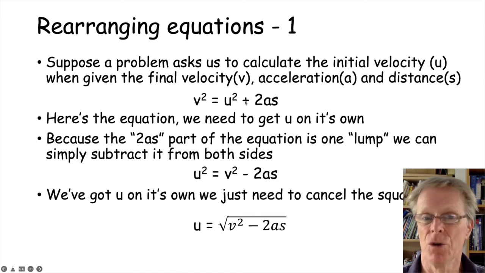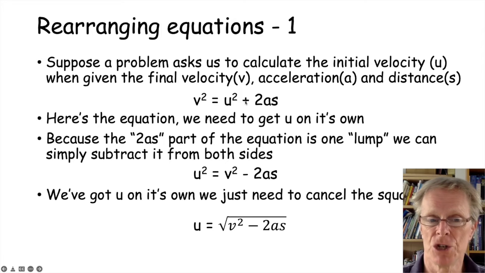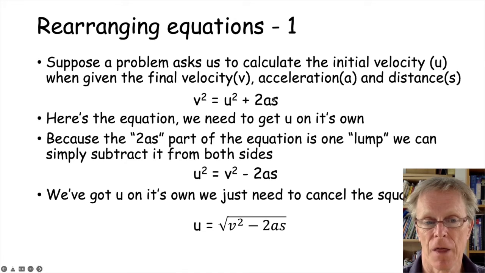All you need to do to move it to the other side of the equation is to subtract that 2as from both sides of the equation. So if you do that, you then get to this situation here. I'll rearrange it a little bit, where u squared equals v squared minus 2as. That one lump is very easy to move, that one lump of 3 things multiplied together.